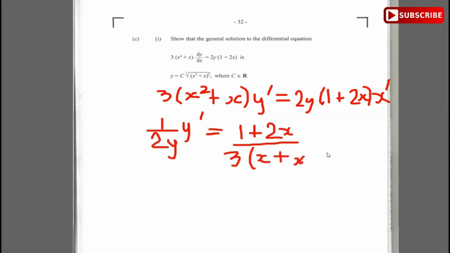And you may say, sir, why? I'm going to do that because I noticed that if I do it this way, I can easily identify the differential of the denominator is in the numerator.